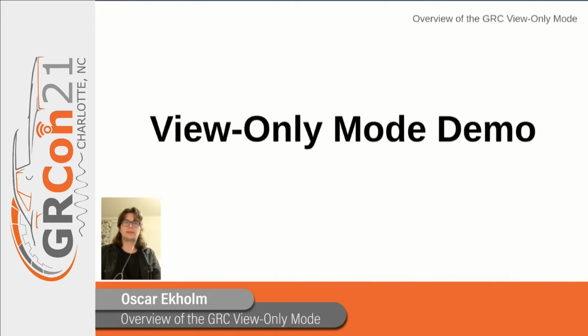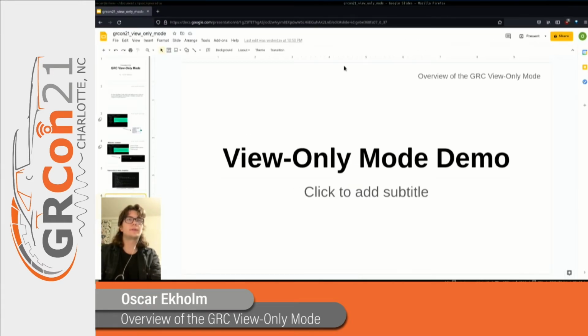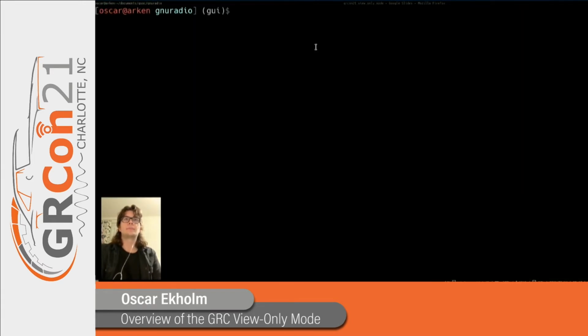So let's start to look at the actual View-Only Mode for a bit. Okay, so let's say that I've downloaded some random flow graph from the internet, and I don't really trust it yet.